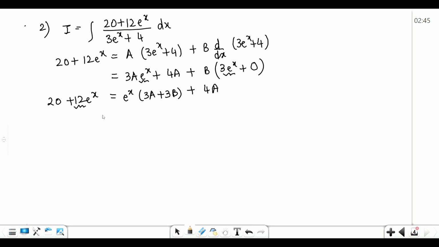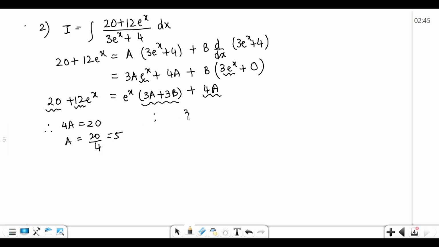Here we have the coefficient of e raised to x as 12, and here 3a plus 3b. We can equate the coefficients, and this is the constant 20 and this is 4a. So 4a equals 20, so a is 20 by 4, which is equal to 5.